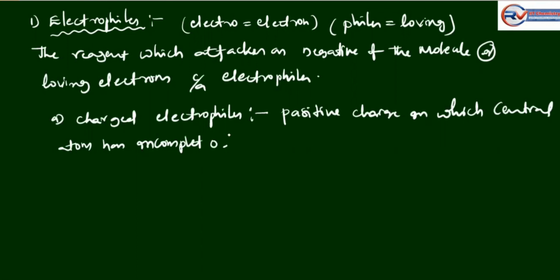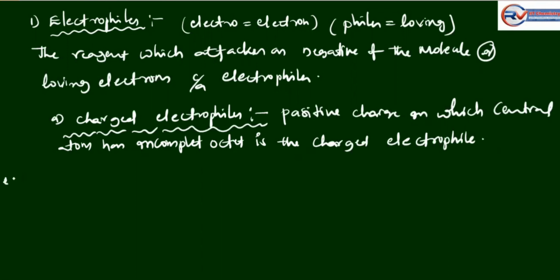A positively charged species whose central atom has an incomplete octet is called a charged electrophile.